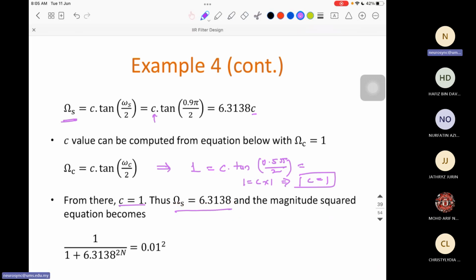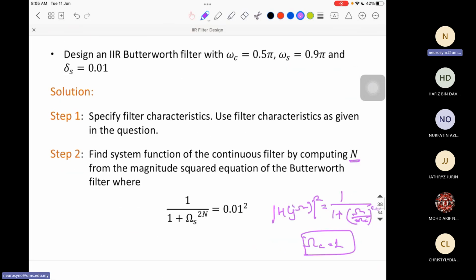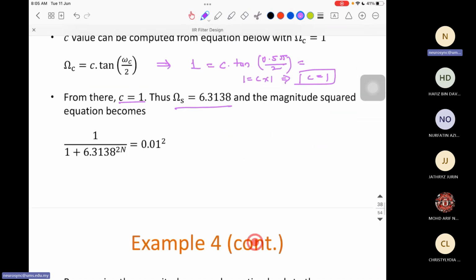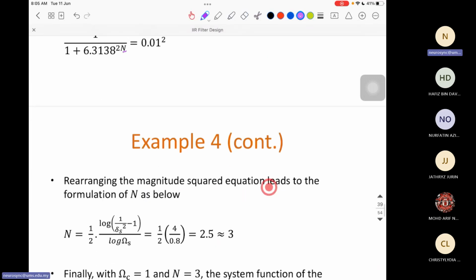Now I can use this equation 1, and I know the value of capital omega s here, so the only unknown quantity is capital N. So how will I find the value for capital N?